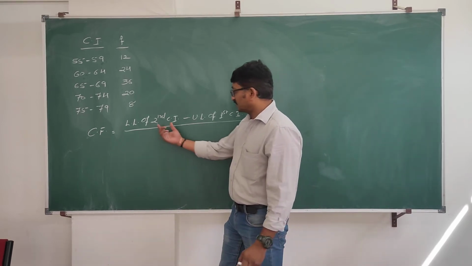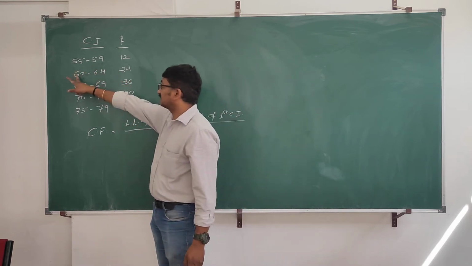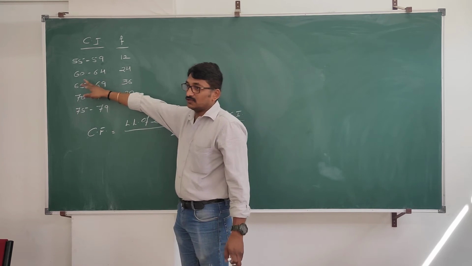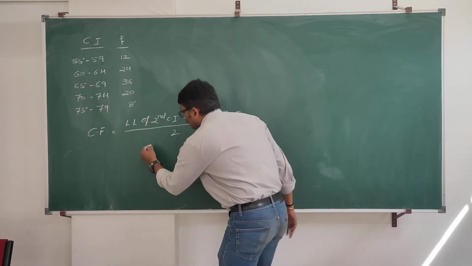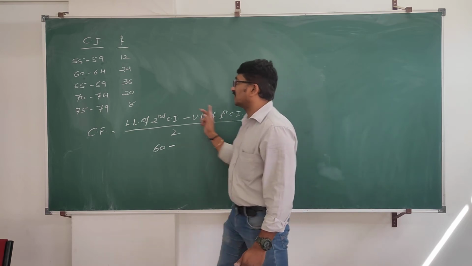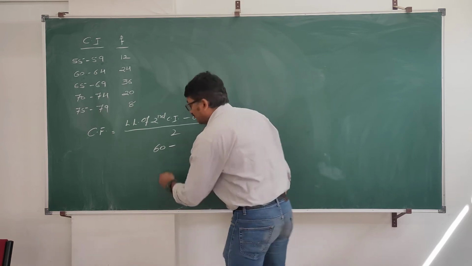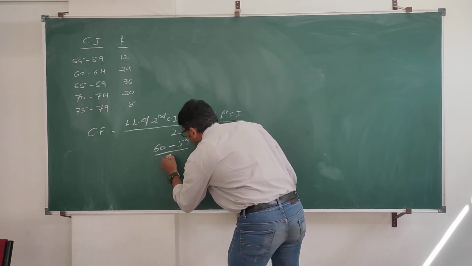Now see, first it is given as lower limit of which class? Second class. Here second class is 60 to 64, right? What is the lower limit? 60. So 60 minus upper limit of first class. Your first class is 55 to 59, so upper limit is 59. And this is divided by 2.